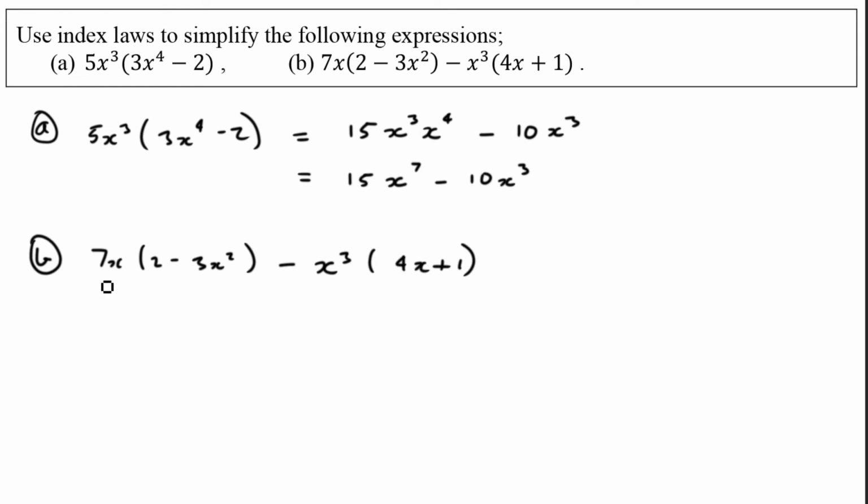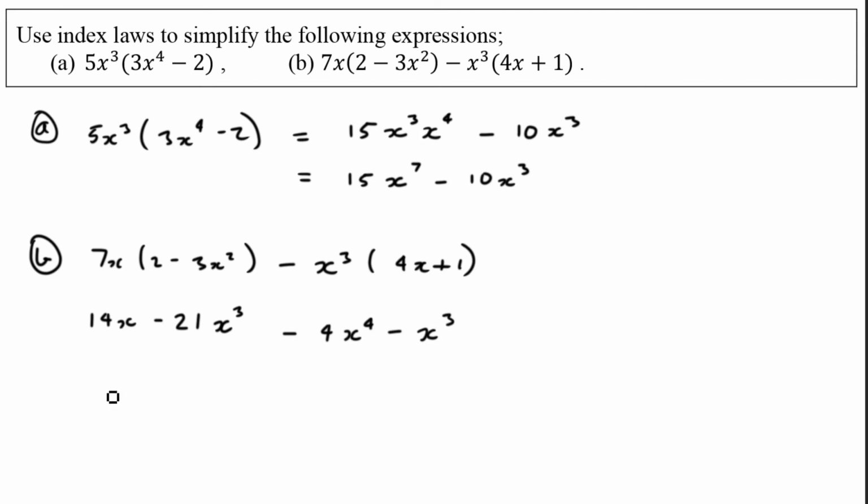Expanding the first bracket, 7x times 2 is 14x. 7x times negative 3x squared, 3 sevens are 21, so we're subtracting 21. x times x squared is x cubed. Now we have to subtract x cubed times 4x, so that will be subtracting 4x to the 4. We also have to subtract x cubed times 1, in other words, subtract x cubed.